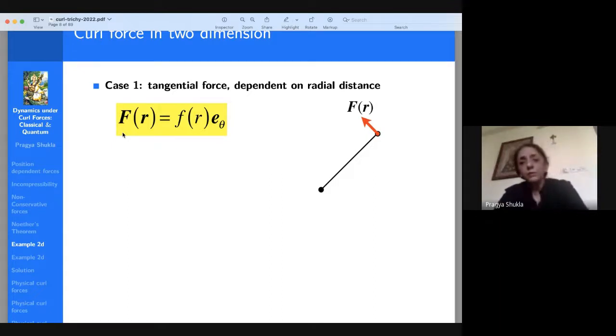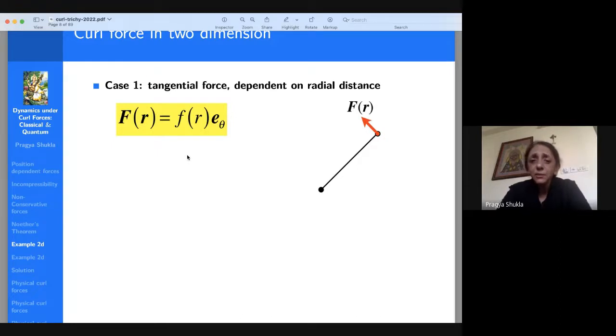Just take the torque of this force. What will be the torque? Torque will be r cross F theta, and because r cross theta involves cos 90 degrees, you get the torque as r F theta. So the torque is not zero.